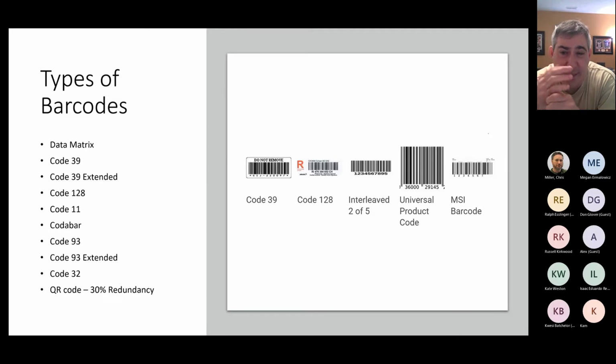You don't really need an inch long barcode. But if you're shipping something and there's a label and it gets torn, then that redundancy becomes very important. So consider that if you're using a barcode on a product, what happens if that label or application of that barcode gets damaged?